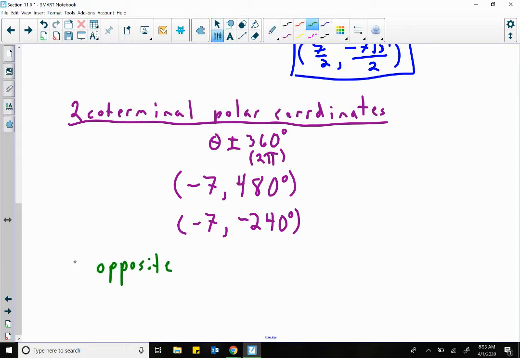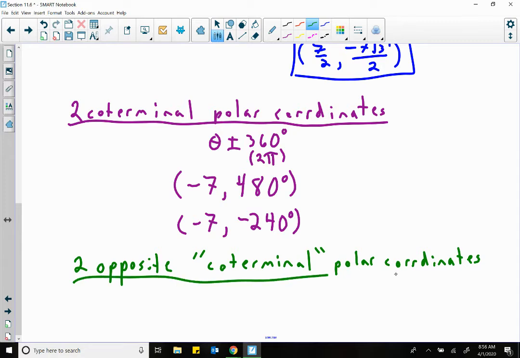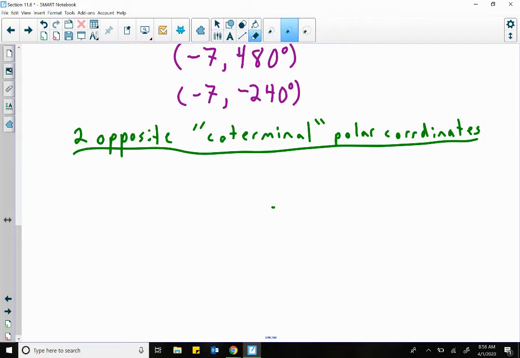So two opposite, quote unquote, coterminal, because it's not really coterminal, polar coordinates. All right. So these points, because we're going with the opposite, our original was a -7, so the opposite is a +7.